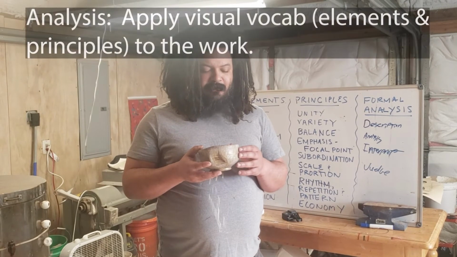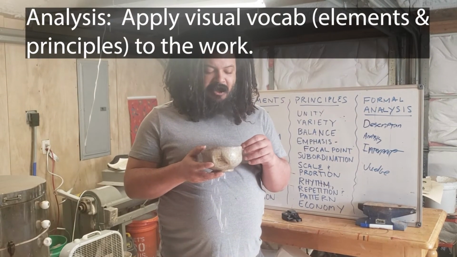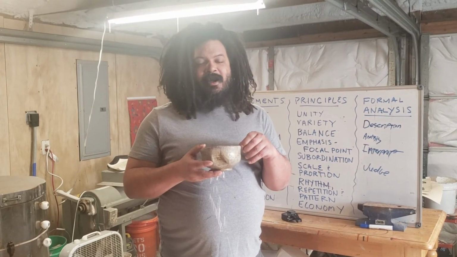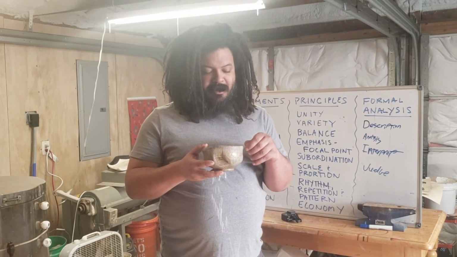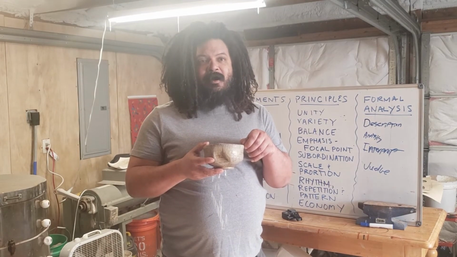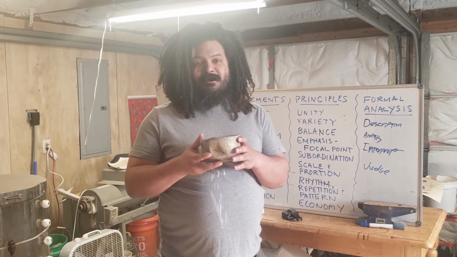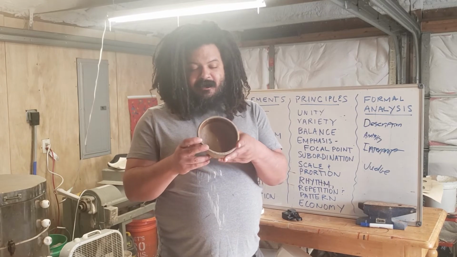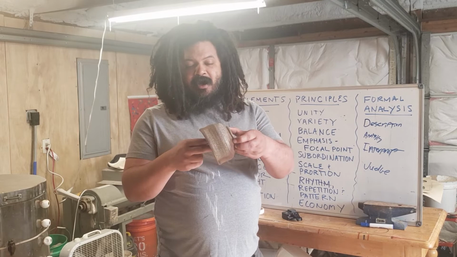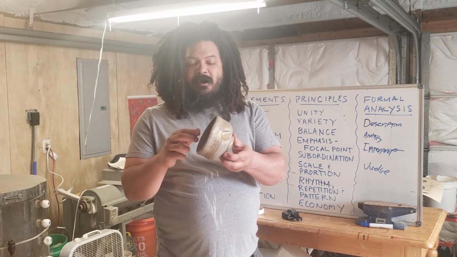Analysis is the investigation of the visual thesis of the work. Meaning, can another person get to what the artist intended by the presentation of the work as it is? So in this case, this is an attempt to create a Korean rice bowl.